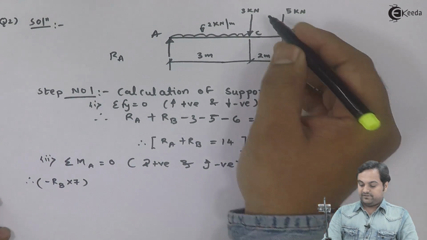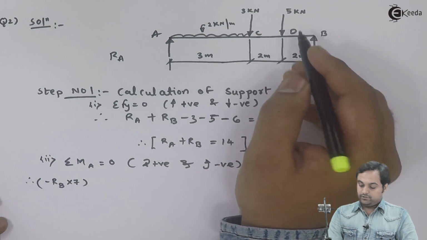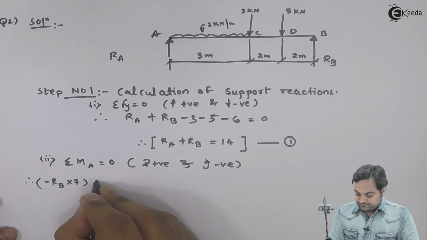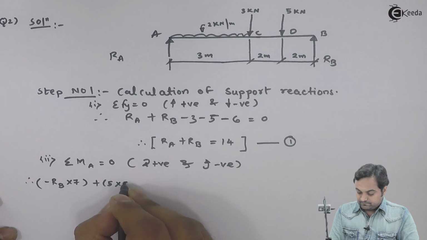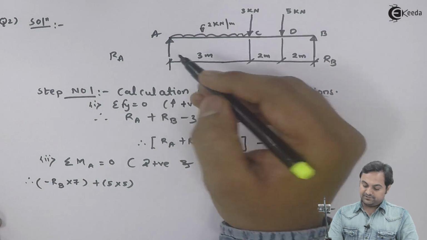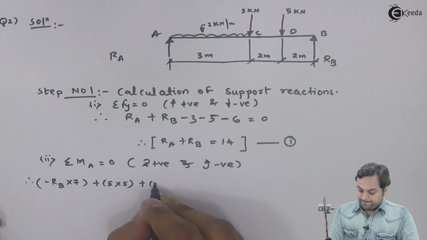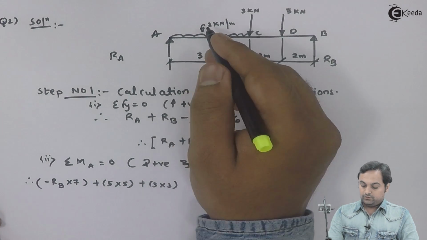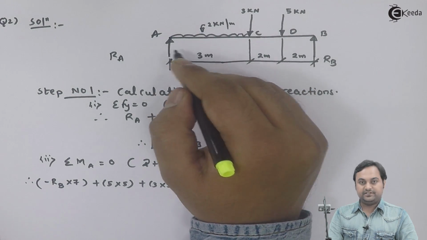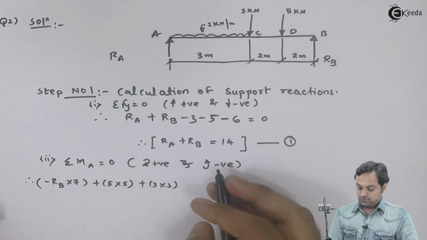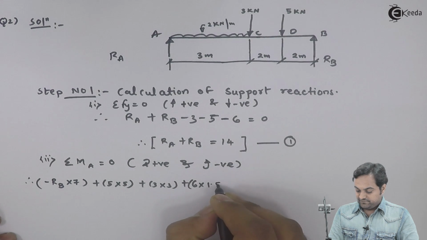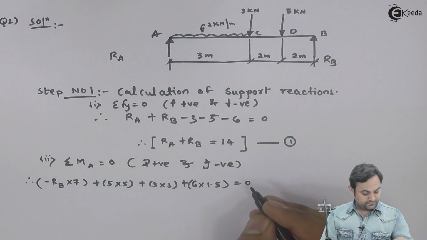Then 5 kilonewton is acting downward, so it would be producing clockwise moment, so plus 5 into 5. 3 kilonewton is producing clockwise moment, so plus 3 into 3. 2 into 3, that is 6 kilonewton acting at 1.5 meters, that is half of 3, so plus 6 into 1.5 is equal to 0.